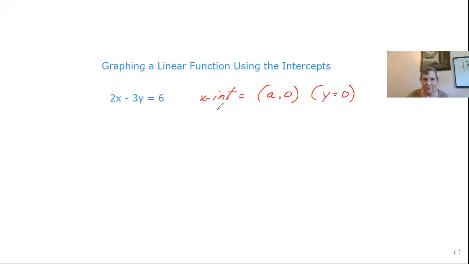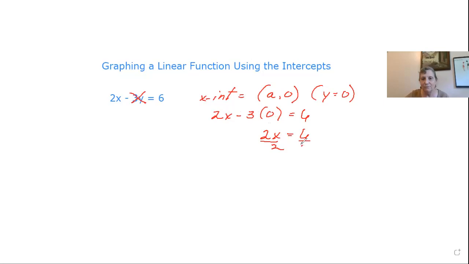To get the x-intercept here, we would take 2x minus 3 times 0 equals 6. Now 3 times 0 is 0. When you multiply by 0, you get 0, and then when you subtract 0, it doesn't do anything. So plugging in 0 in place of the y is basically just going to get rid of this term and leave us with 2x equals 6.